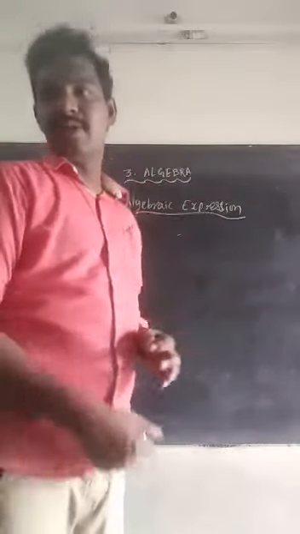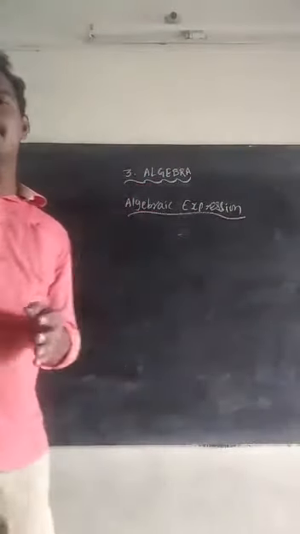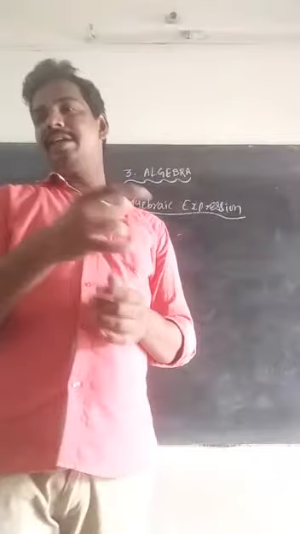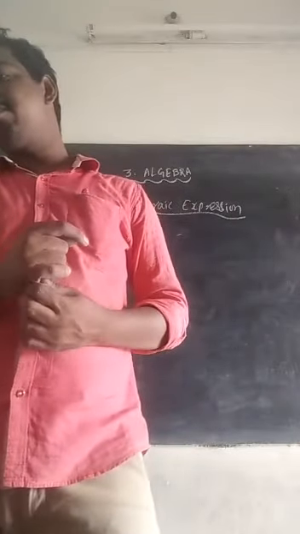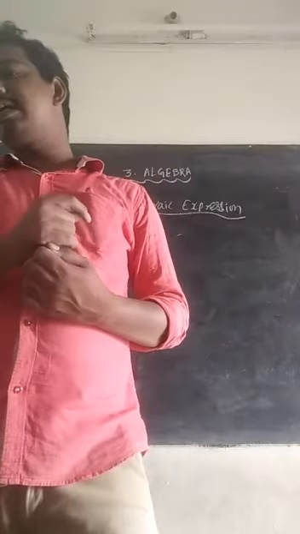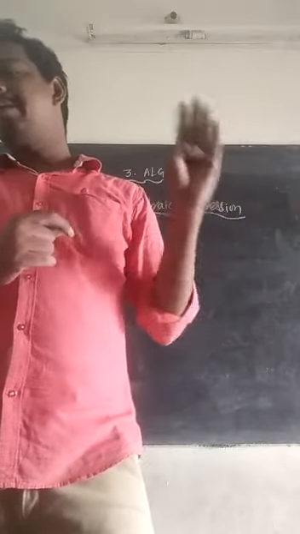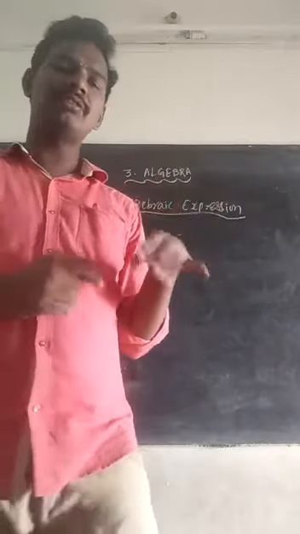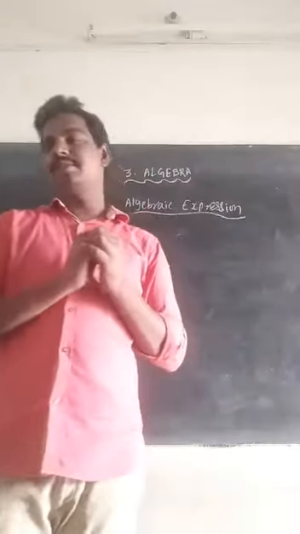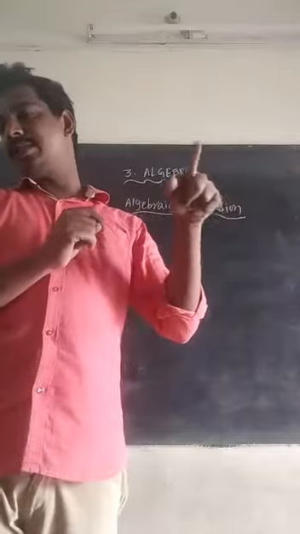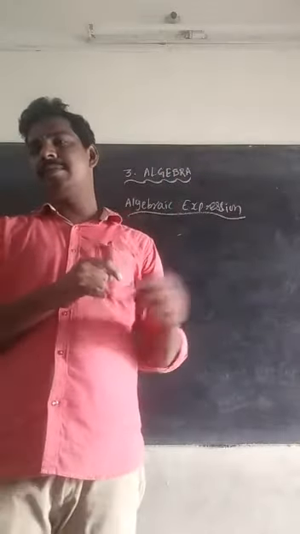In your book they have given a definition, I am reading. An algebraic expression is a combination of constant and variable combined together with the help of 4 fundamental signs. 4 fundamental signs means plus, minus, multiplication and division. In your textbook page number 81 there are some examples.